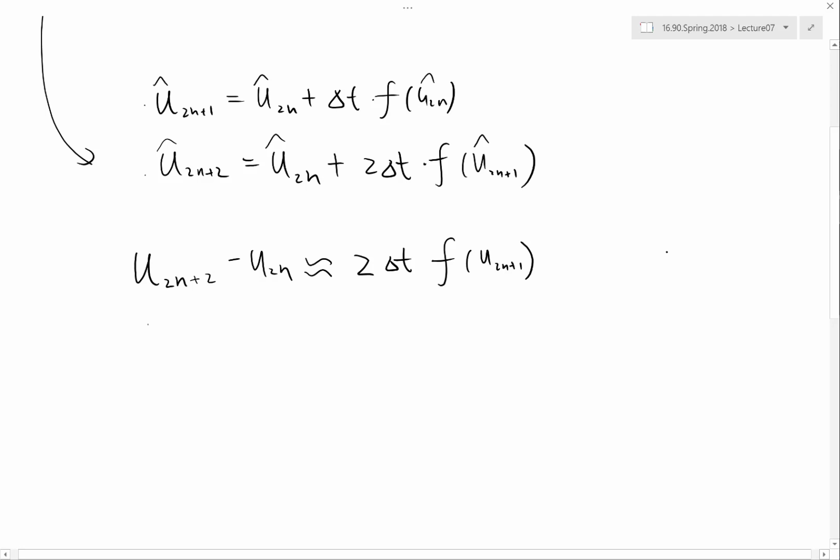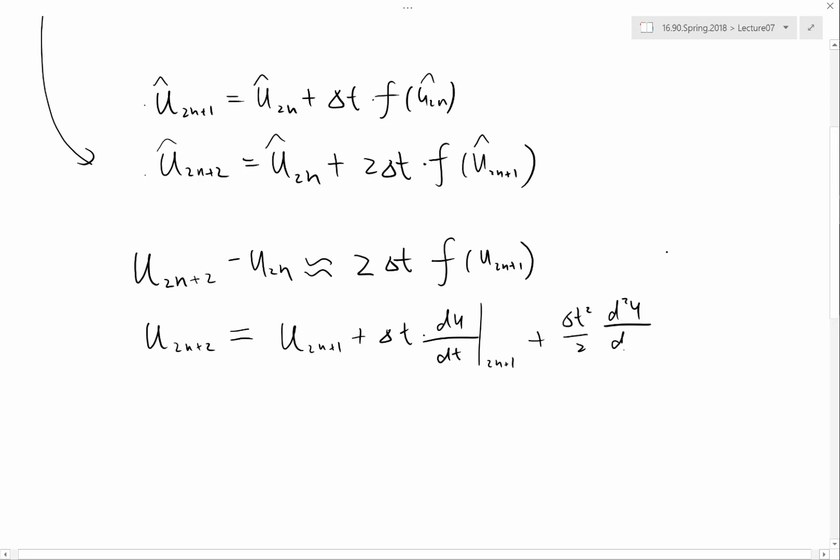The first term is u of 2n plus 2 is equal to u of 2n plus 1 plus delta t times du/dt at 2n plus 1 plus half of delta t squared times the second derivative at 2n plus 1, right?